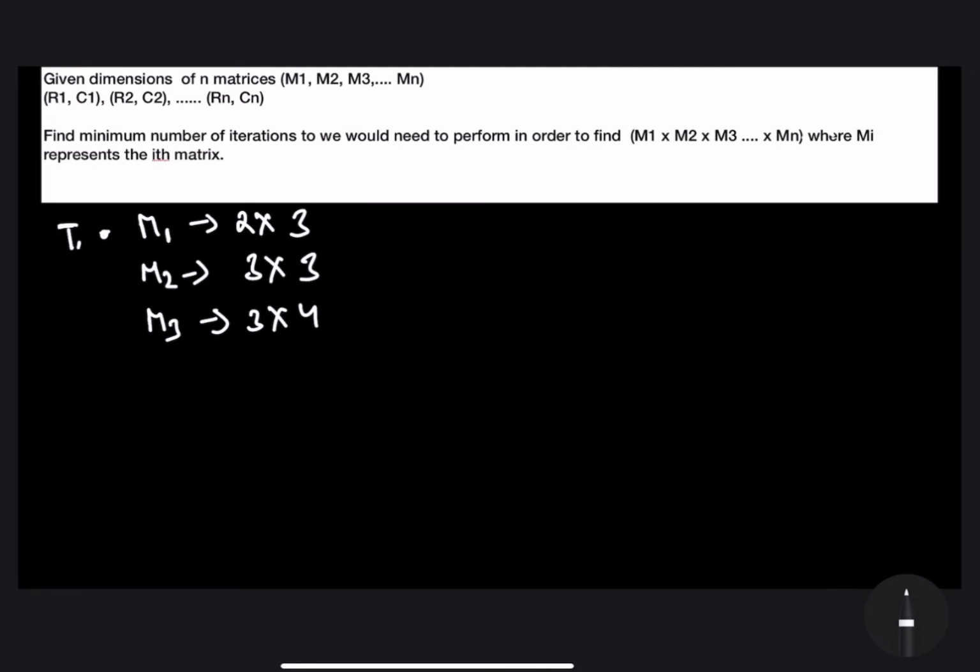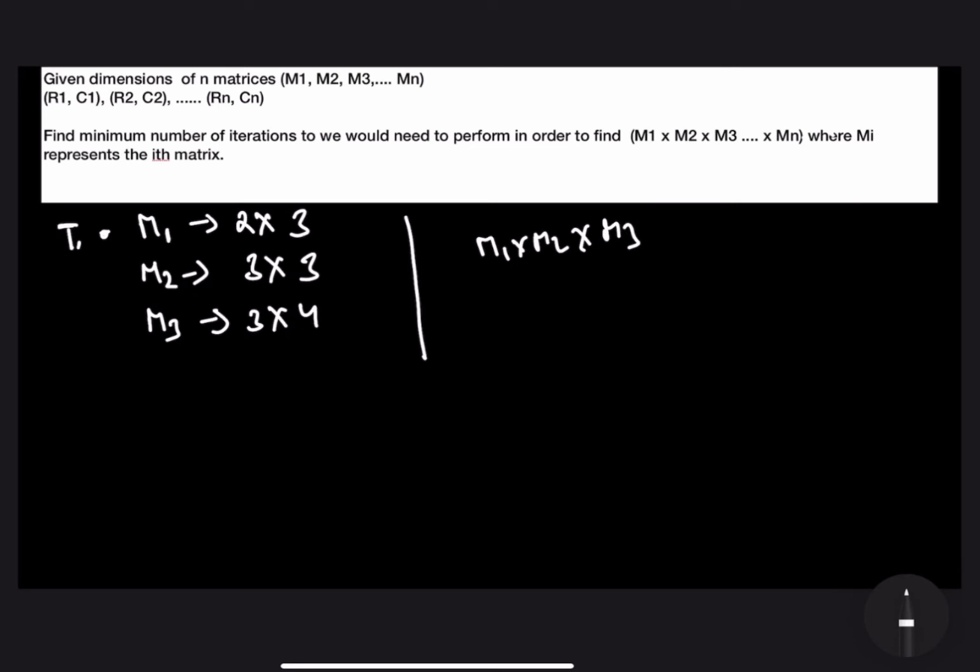Now let's try to understand the problem with the help of a test case. Let's say we are given three matrices m1, m2, m3 with dimensions 2 cross 3, 3 cross 3 and 3 cross 4. According to the problem, we have to find the minimum number of iterations to find the value of the product m1 cross m2 cross m3.